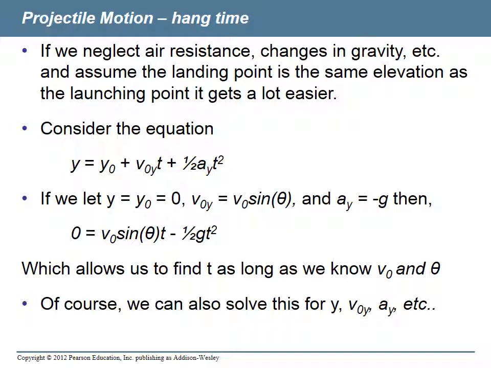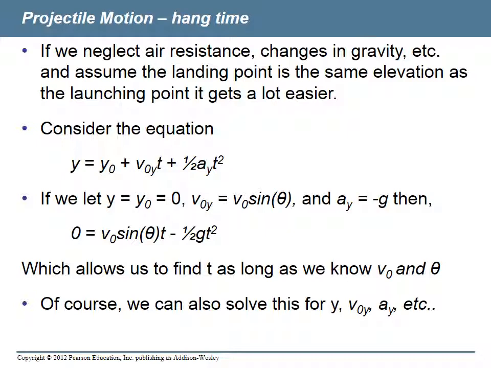So of those things, if we neglect the air resistance, the changes in gravity, all those other things, the parachute opening, etc., and we assume that the landing point is at the same elevation as the starting point, then the equation would get a lot easier.